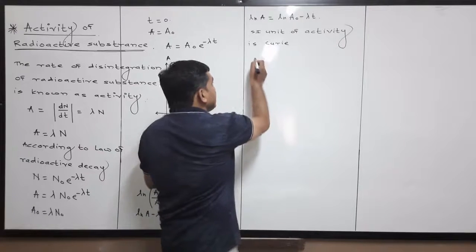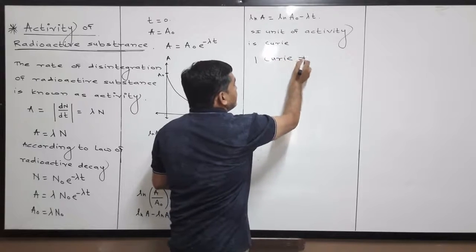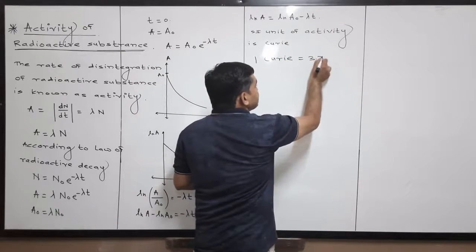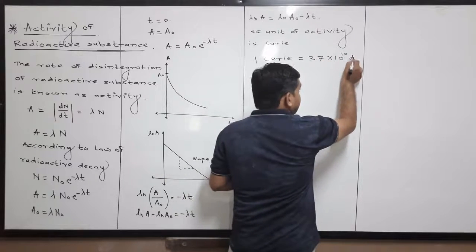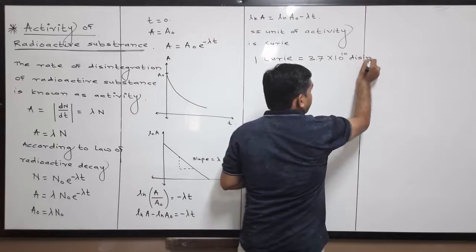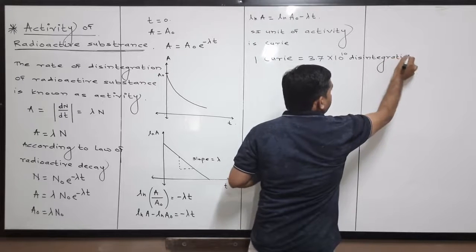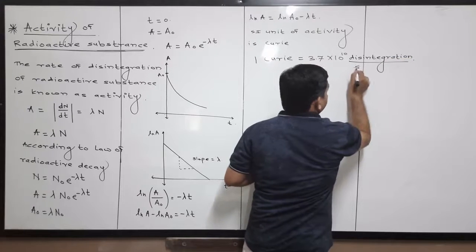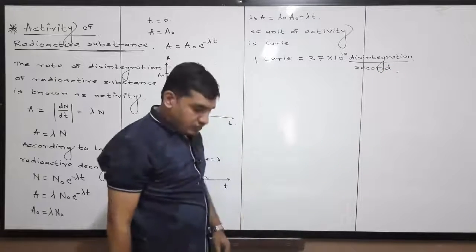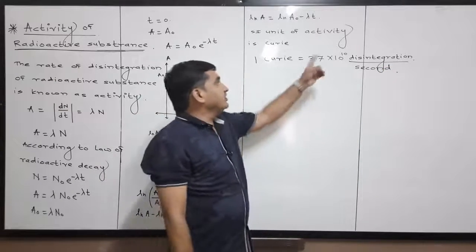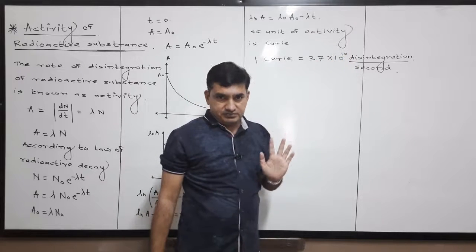So we can say that 1 Curie is equal to 3.7 into 10 raised to 10 disintegrations per second.